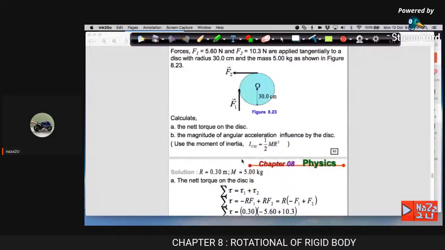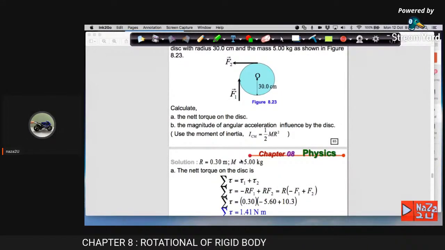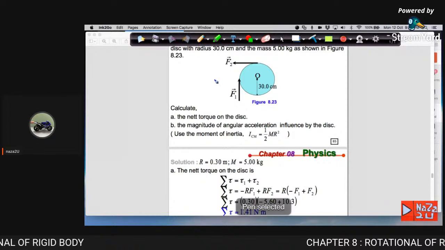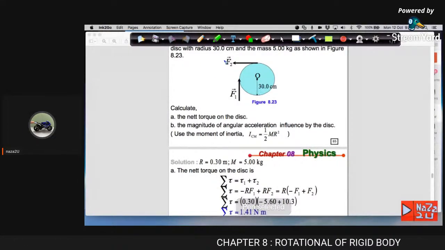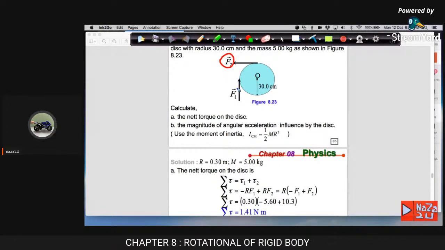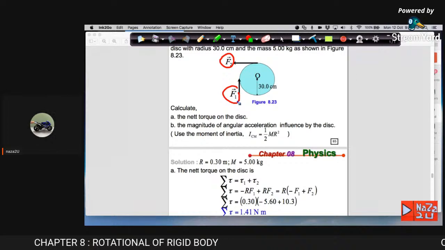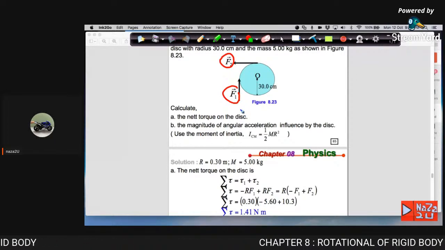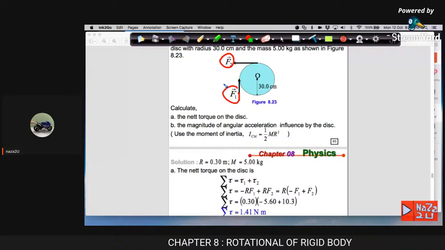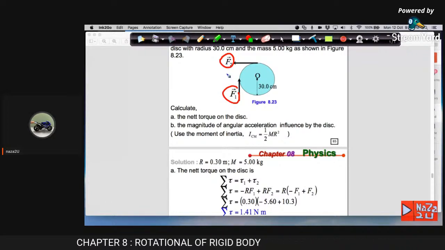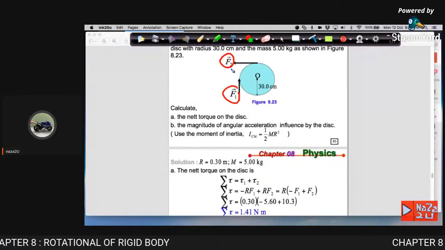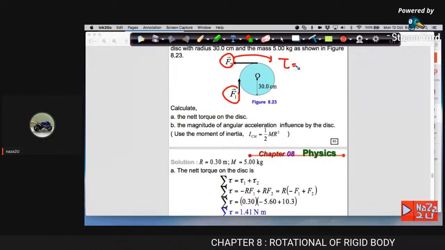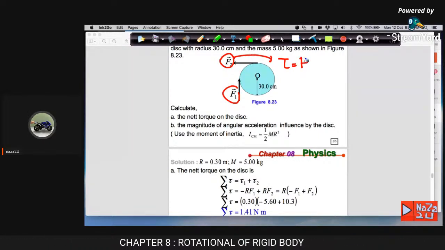Okey. Dalam kes ini kalau kita tengok kat sini, contohnya, we have the object and we have the two forces, F2 and F1. Okay, jadi sepatutnya kita akan ada dua torque, torque yang dihasilkan oleh F1 dan F2. Kalau torque yang pertama kalau kita guna FD lah.